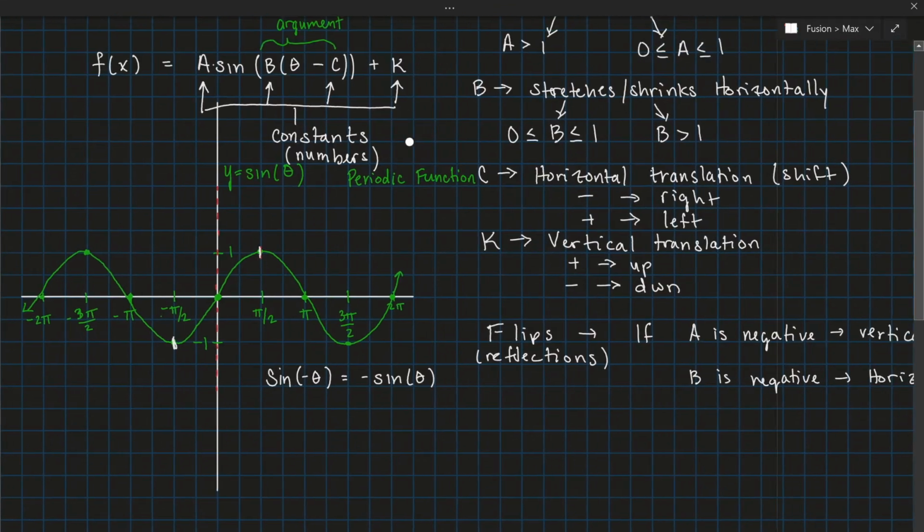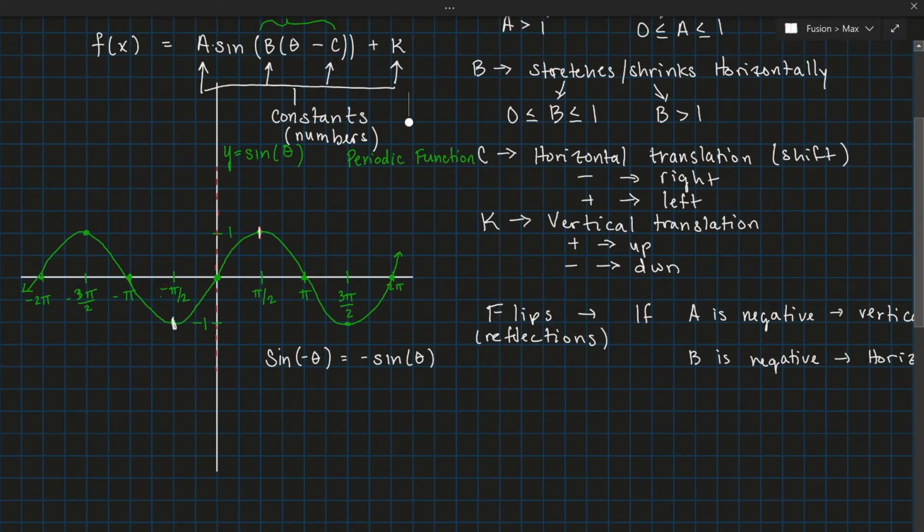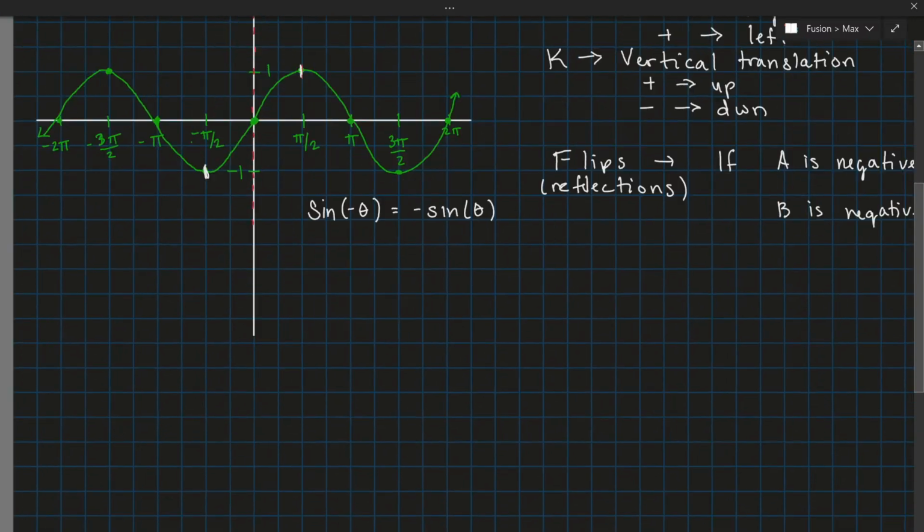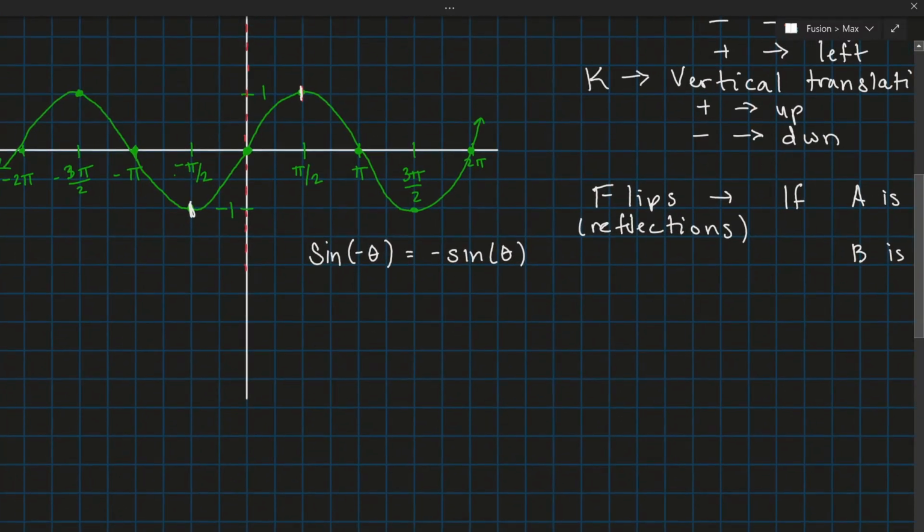And so let's say we did a transformation on it. Let's say we did f of x is equal to 2 sine of theta minus pi over 4.